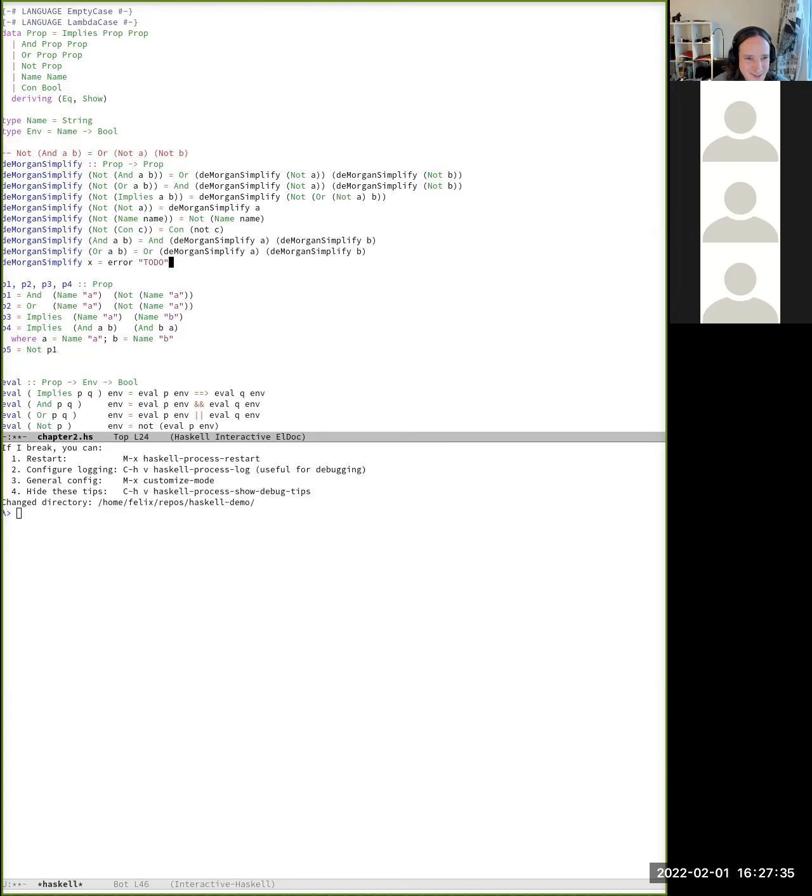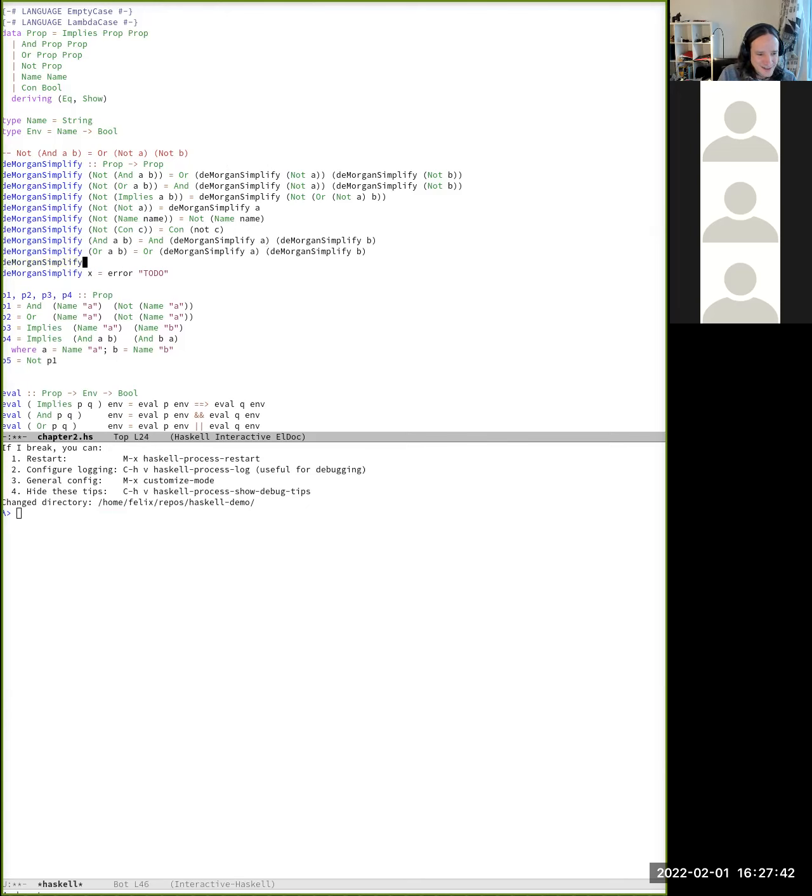But one important thing we should always do. So for one, is this deMorgan simplify now or simplify in general? Good question. I honestly don't know. I mean, if you want to have a good simplify function, you really should know what the result looks like.